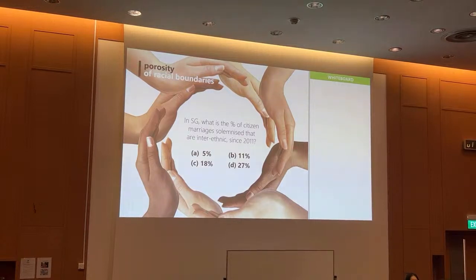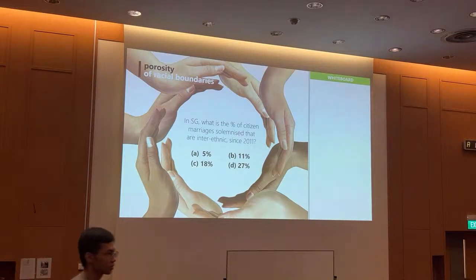Okay, let us continue. We shall talk about one aspect of ethnicity. This exercise is something that has invited certain discussion in recent times. The question says, in Singapore, what is the percentage of citizen marriages solemnized that are inter-ethnic in nature since 2011?